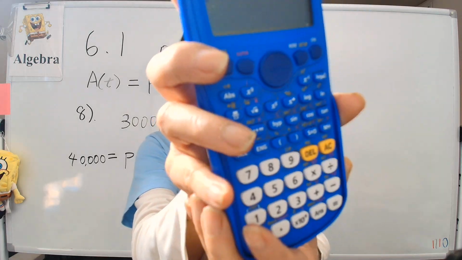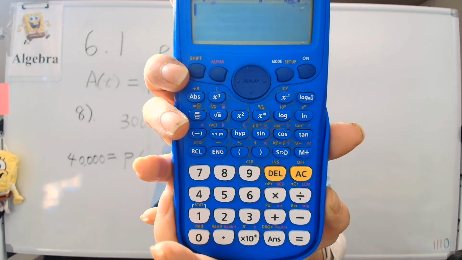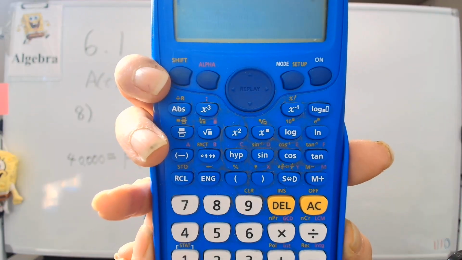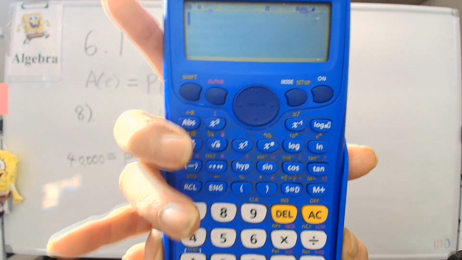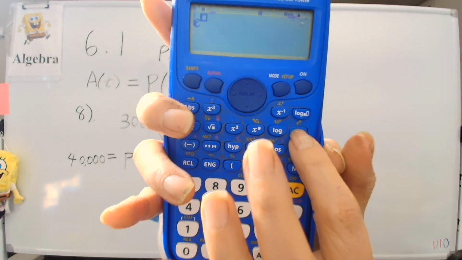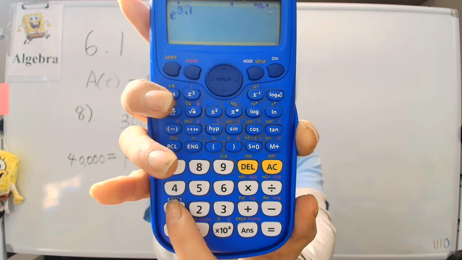You push Shift LN, and that will produce the E button. I will show you right now. There it is. Then the book wants us to do 3.14.